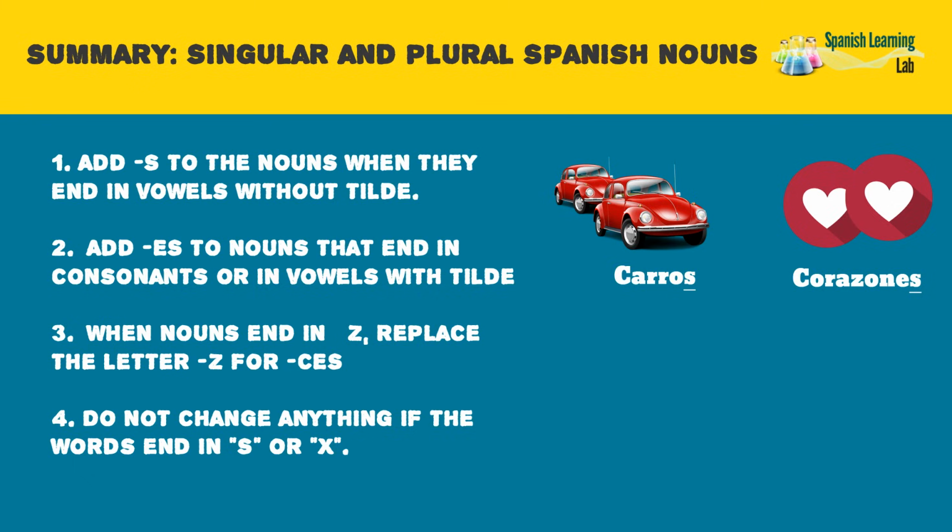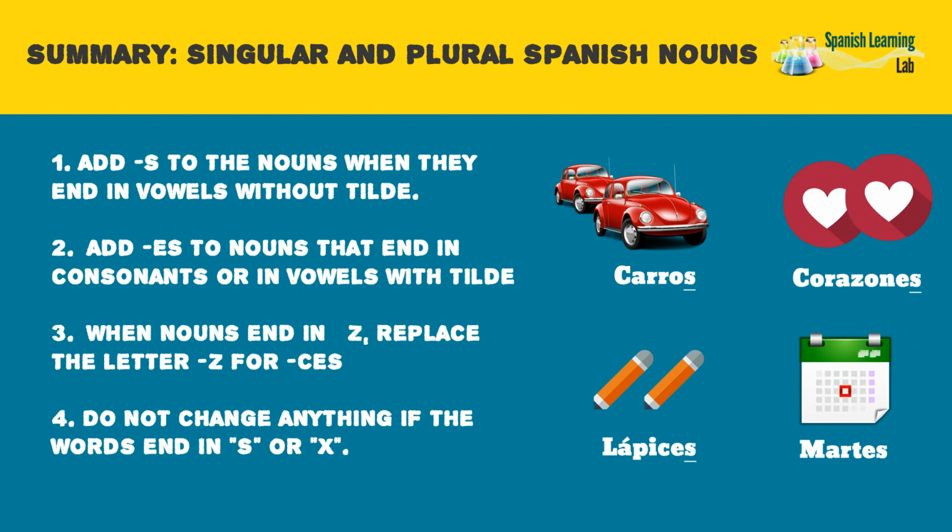For example, corazón, corazones. Number 3. When nouns end in Z, replace the letter Z for CES. For example, lápiz, lápices. Number 4. Do not change anything if the words end in S or X.